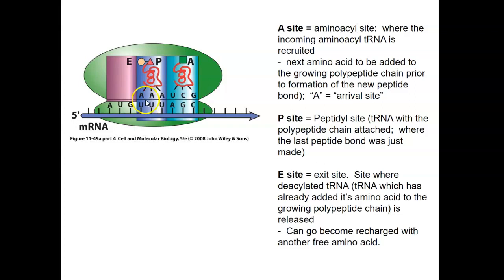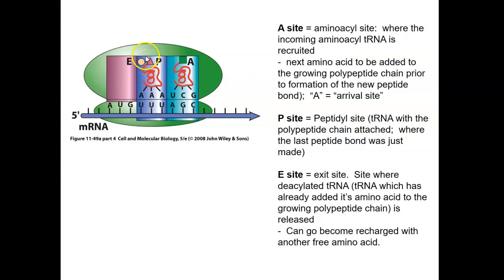The P site is where we are forming this elongating polypeptide chain, so we call this the peptidyl site. And what's going to happen here is a new peptide bond is going to be formed between the polypeptide chain that's growing in the P site and the amino acid in the A site.